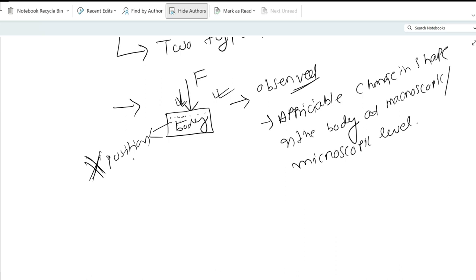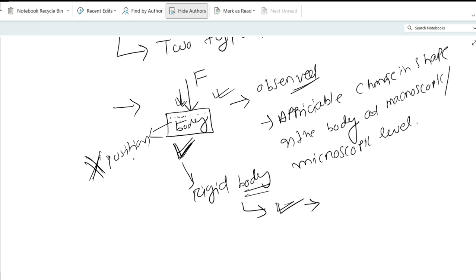That means we consider this kind of body as rigid body. The body which does not change its shape, or where there is no change in the position of particles at the microscopic level because of the application of force, we call such body a rigid body.